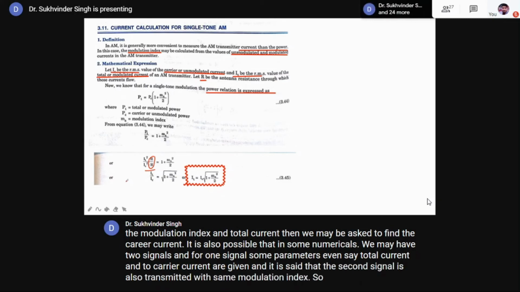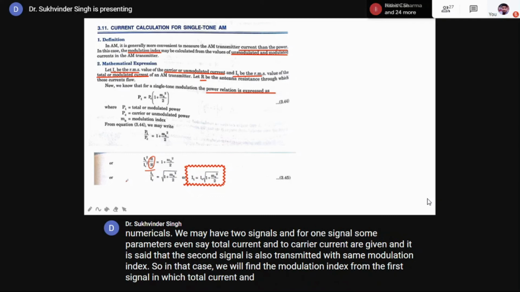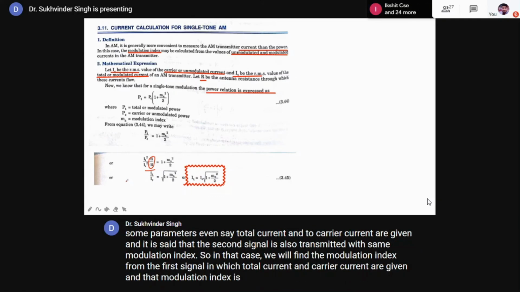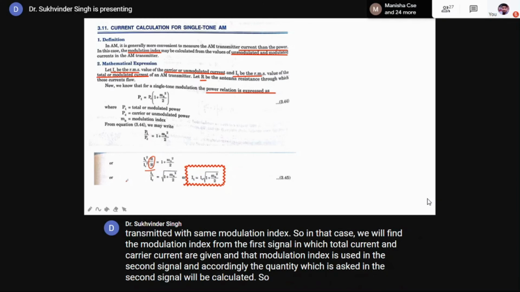So in that case, we will find the modulation index from the first signal in which total current and carrier current are given, and that modulation index is used in the second signal, and accordingly the quantity which is asked in the second signal will be calculated. So I have here considered both types of numericals.